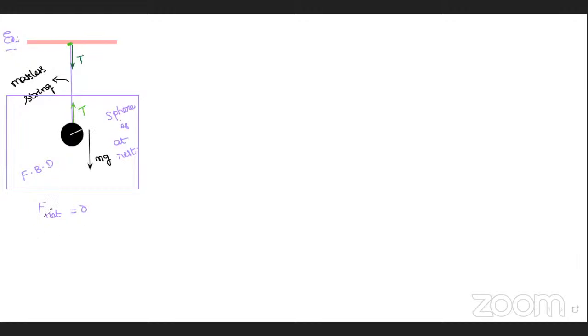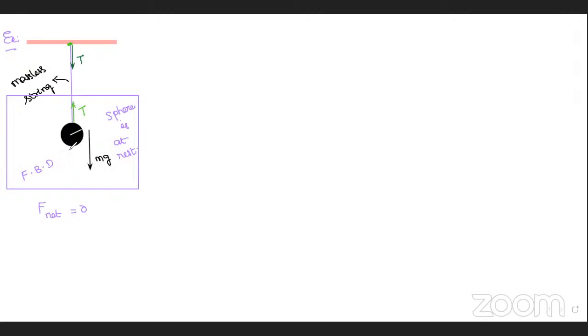And then, sir, why did you write net force, sir? Look there. Two forces are acting in the FBD on the same sphere. One is the internal force, the other is the external force. Two forces are acting here, but still it is at rest. Means I have to calculate the net force. Why?